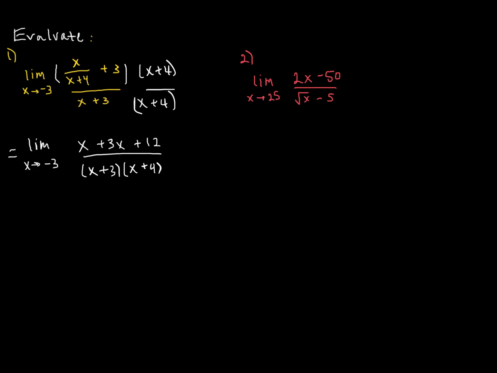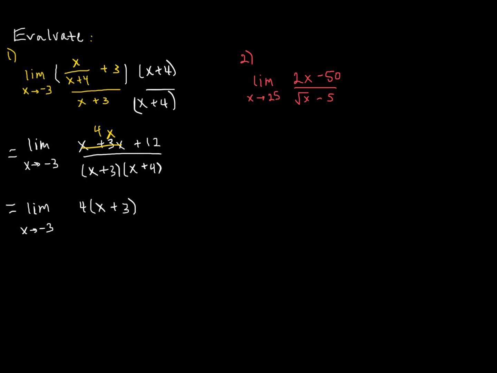So now we're in good shape. We just need to somehow factor the numerator, and we can do this. So we can gather together these like terms here. This is going to be 4x. And we can factor the numerator now. Limit as x approaches -3, and we can factor out a 4, and so we'll have 4 times x plus 3.